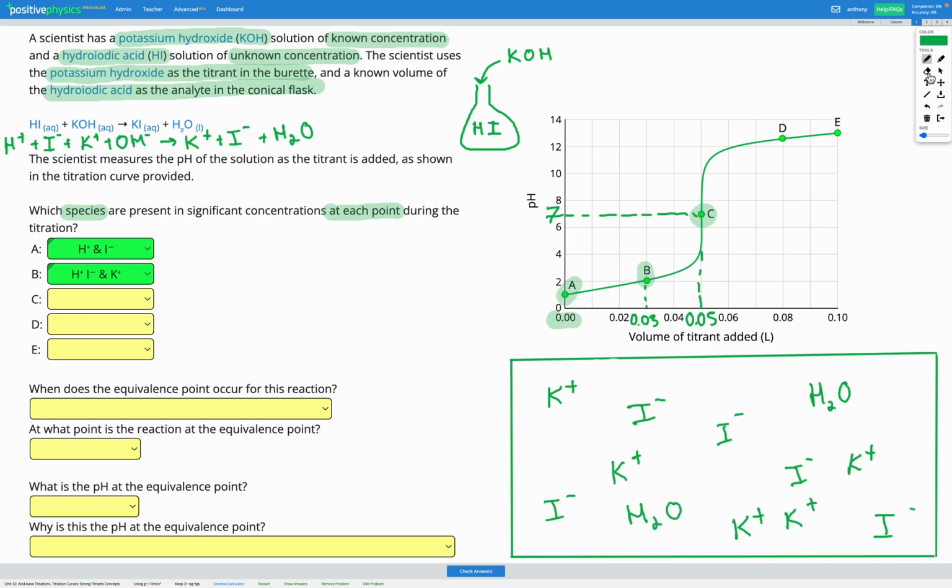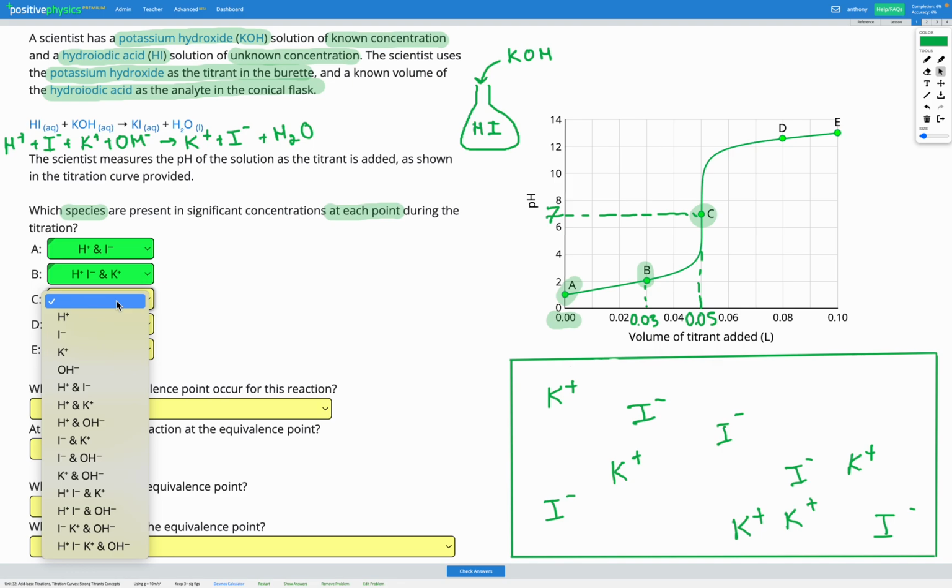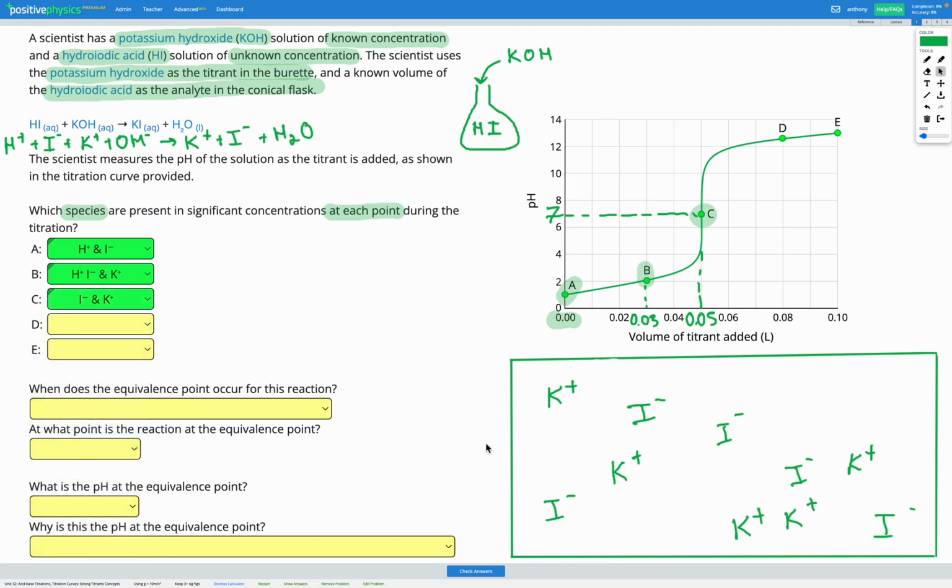But again, we're not going to show H2O on our diagram just to make it a bit simpler. So now at this point, we've got K+ and I-, and that's all we have in our solution in significant concentrations, I- and K+. The reason why is that all the H+ that was there has completely reacted with the OH- that's added.